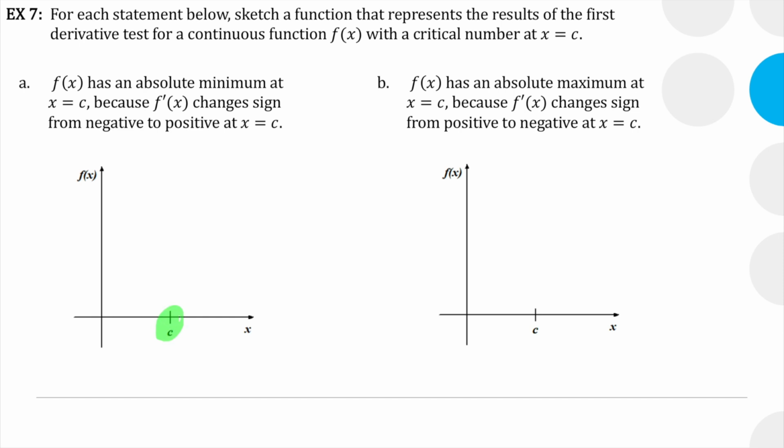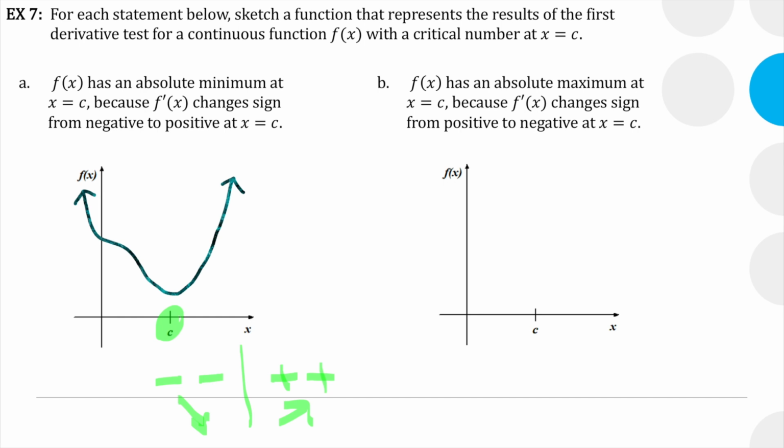A, f of x has an absolute minimum at x equals c because f prime of x changes from negative to positive at x equals c. So if f prime of x changes from negative to positive, you know the graph is decreasing and then increasing. There's a lot of different sketches you could put.